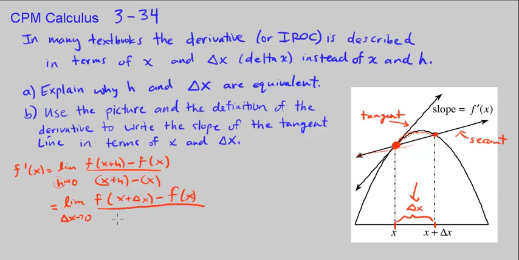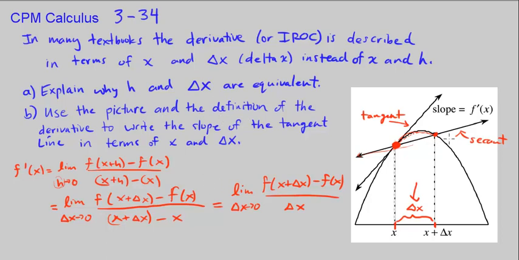Now we divide by x plus delta x minus x, and the x and the minus x cancel out, so that is equal to the limit as delta x approaches 0 of f of x plus delta x minus f of x divided by delta x.